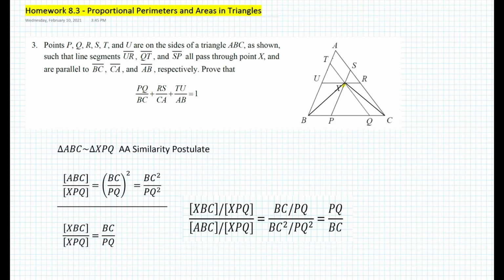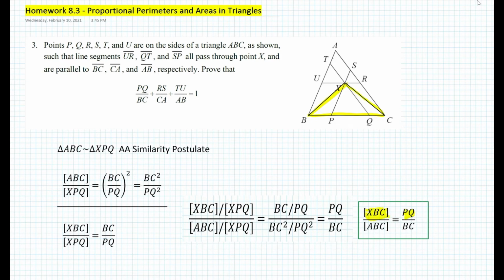Notice that we can actually cancel out the area of triangle XPQ in the numerator and denominator, and it simplifies to the following equation: the area of triangle XBC over the area of triangle ABC is simply the ratio of the segments PQ over BC. Let's analyze this now, and maybe we can see a pattern here.